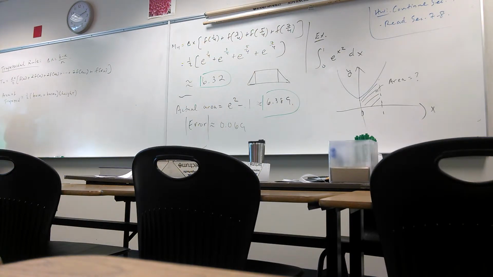Plus, okay, we're heading to the second now, base number 2, so it's going to be f of x sub 1, right? Times, what's the height? Delta x. So the height is delta x. Okay, so look at this right here.